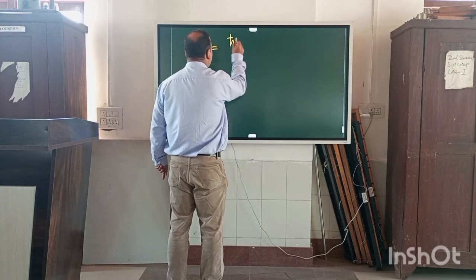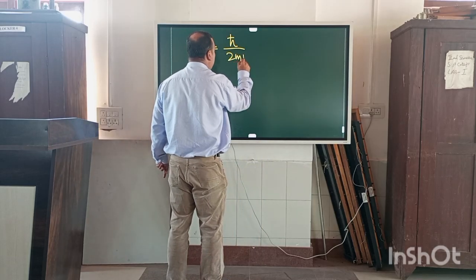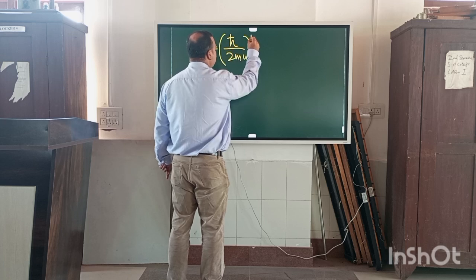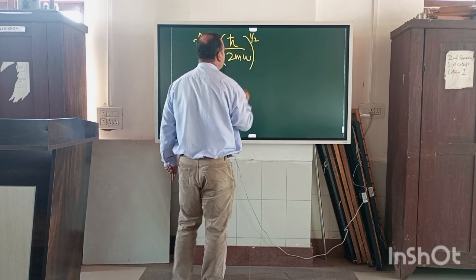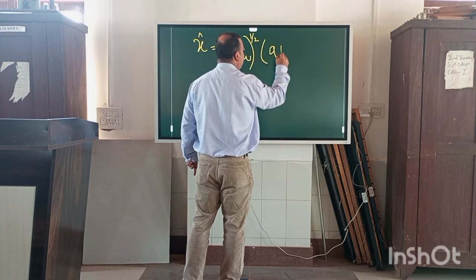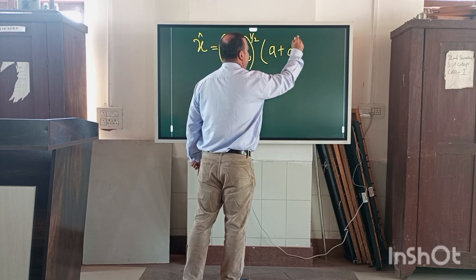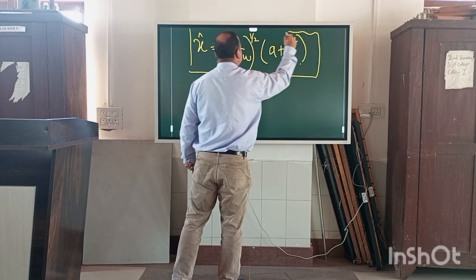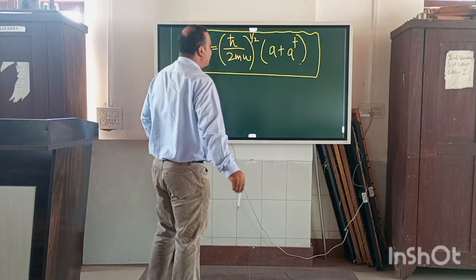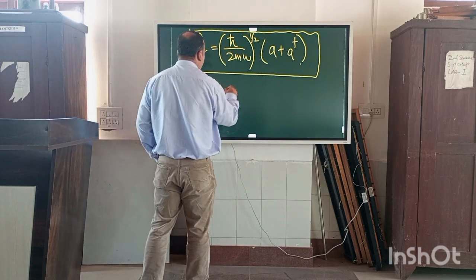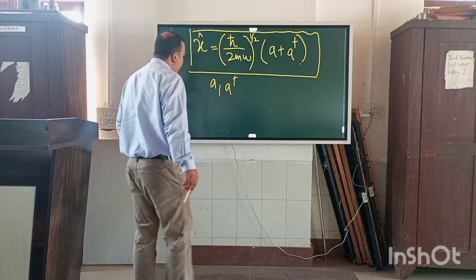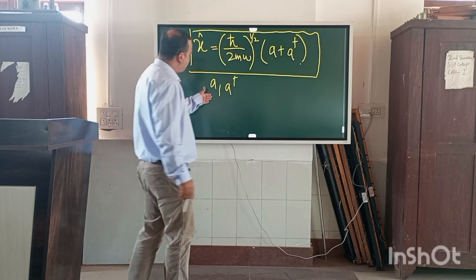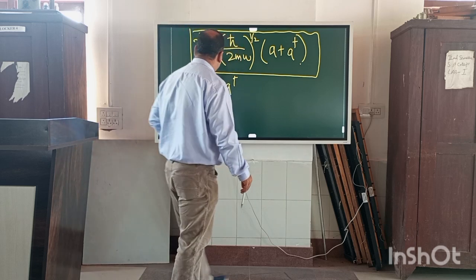So x cap is (h bar by 2 m omega) raised to power 1 by 2 times (A plus A dagger). So this is our position operator, and A, A dagger are respectively the annihilation operator and creation operator.